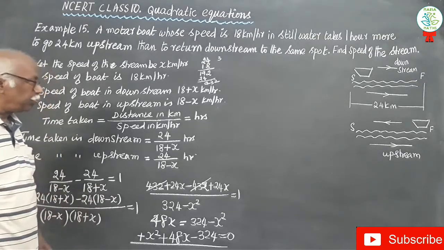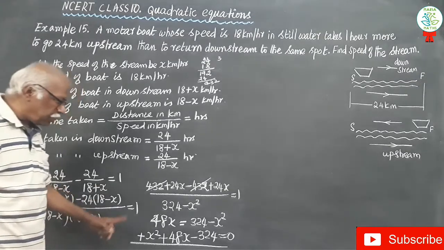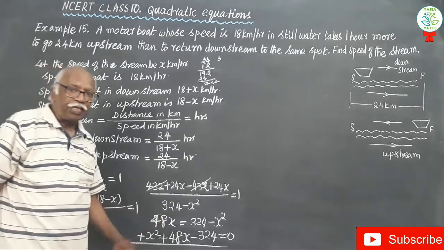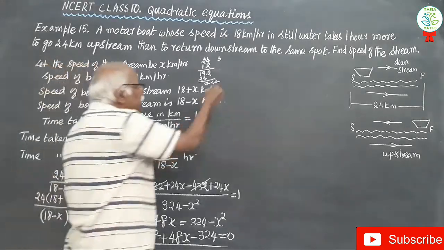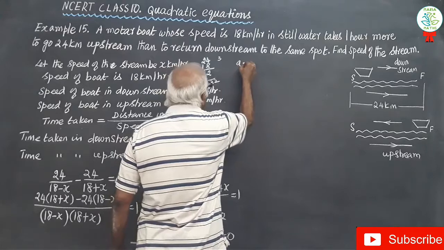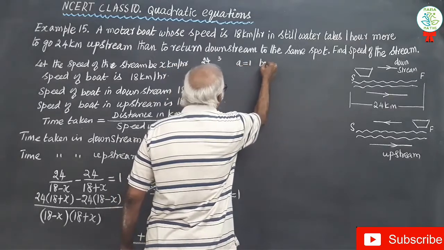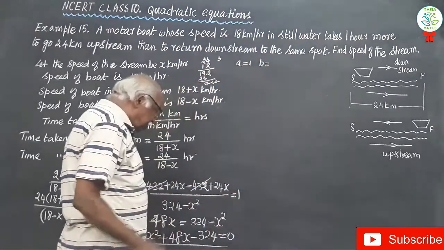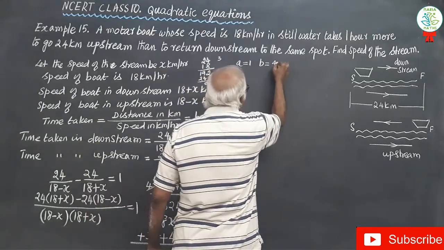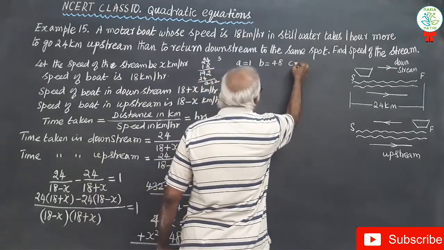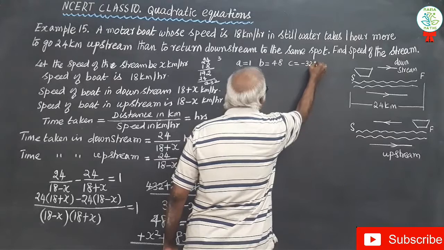Now we have to solve by the quadratic formula. Comparing with ax square plus bx plus c equal to 0, a equal to 1, b equal to 48, c equal to minus 324.